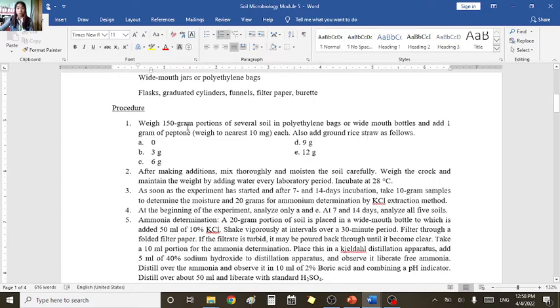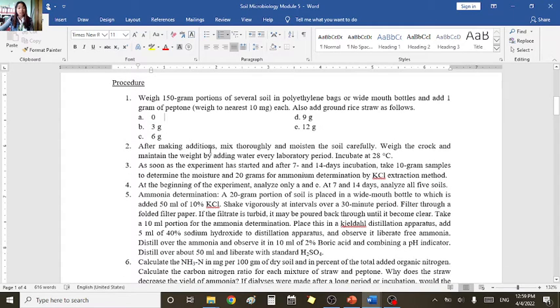The first bottle has 150 grams of soil plus peptone and no ground rice straw. The next has 150 grams of soil plus peptone and then 3 grams of rice straw, and so on until 12 grams. So you have your control there.